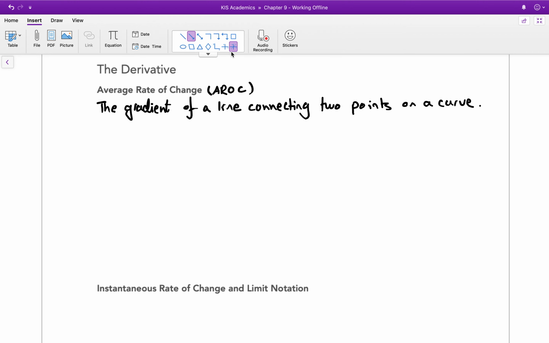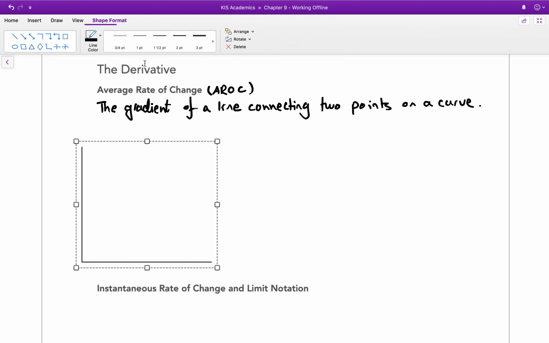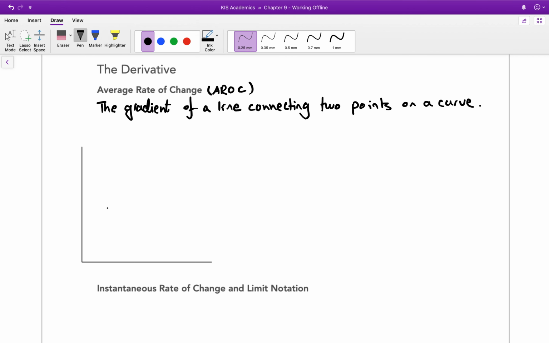So for example, if I drew a quick curve, let's say this is f of x equals x squared. This is y, this is x. Let's just pick two random points.